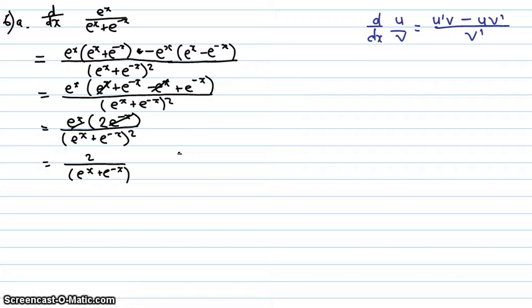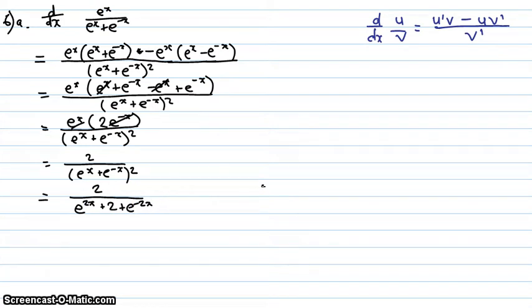So what should I do? Well, sorry, I forgot a squared here. I could leave it like this, there's nothing wrong with it, but I can also expand out the bottom line. So just for fun, let's expand out the bottom line. I get e to the 2x plus 2 plus e to the minus 2x.